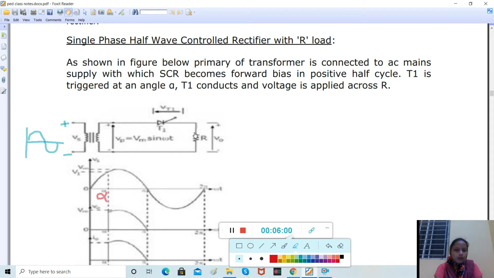Once current flows through the resistive load, V0 appears across it. That's why this is the V0 waveform. From the angle alpha where the device is triggered, from this point we get the output waveform. Here also this point is the peak level, represented by Vm.